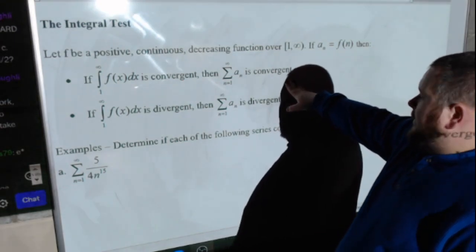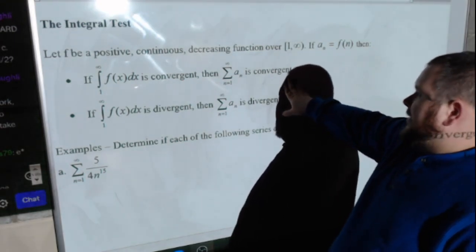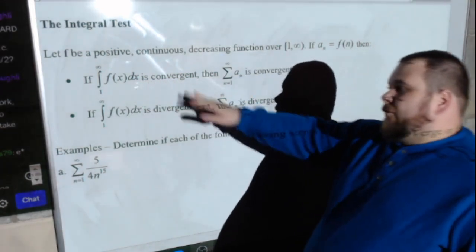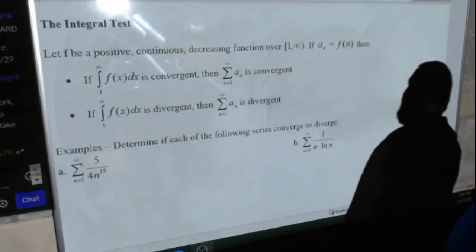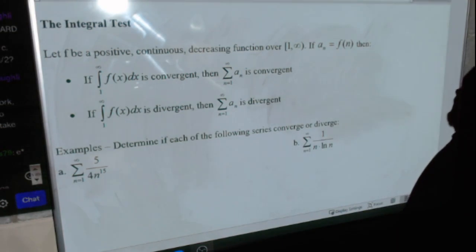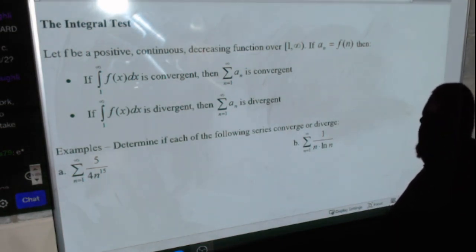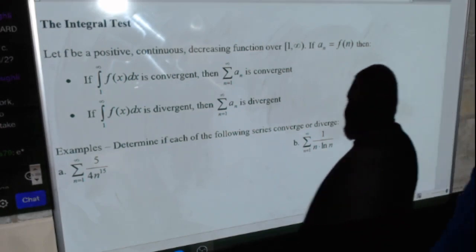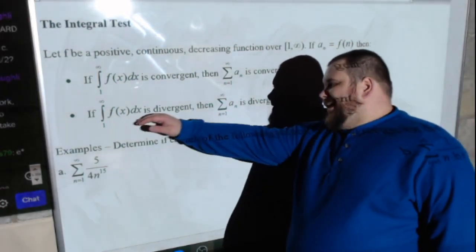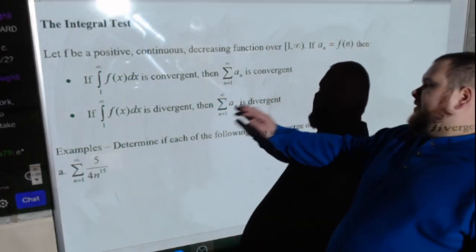So what does that mean? Well, that's saying that you get some number out of the integral. So you might get -10 or pi or -1,000,000.